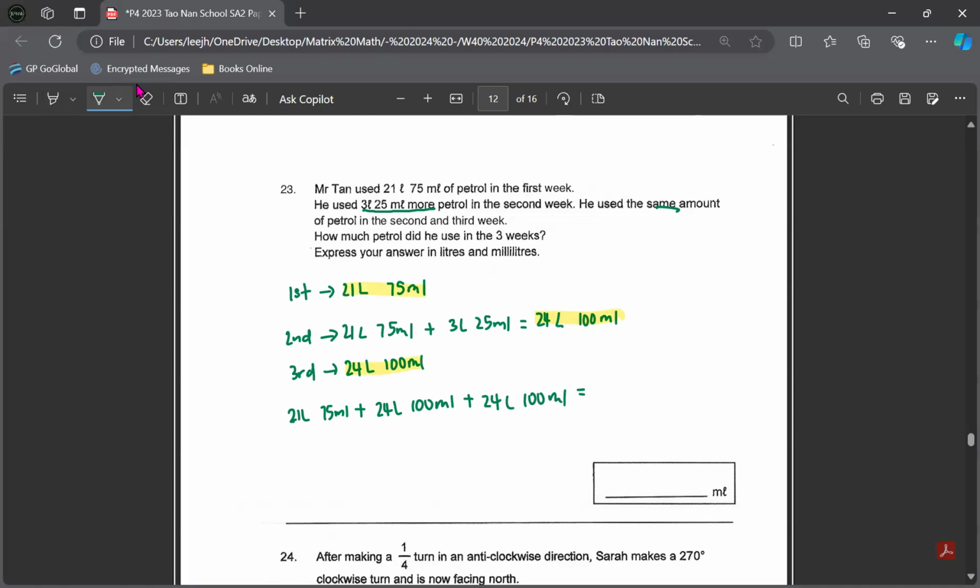Your answer will be, wait, 69 liter 275 ml. This is your answer. So you want liter and ml. So write down like this: 69 liter 275 ml. The ml is given, so you just write 275 here already. Okay.